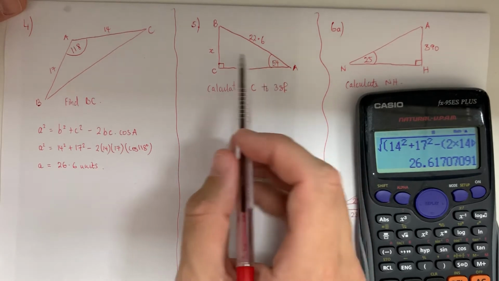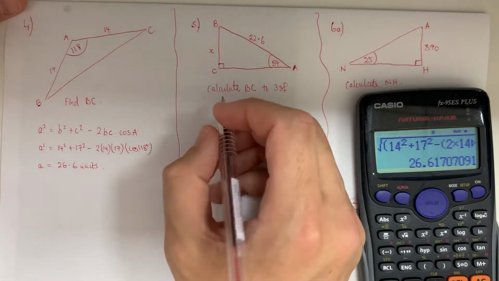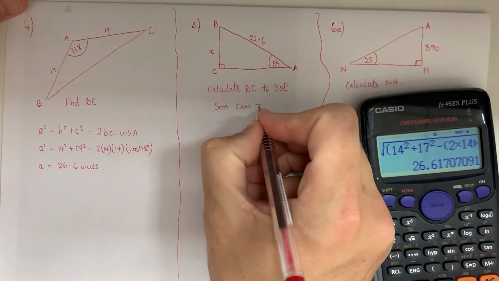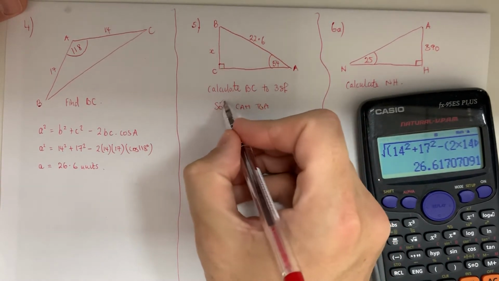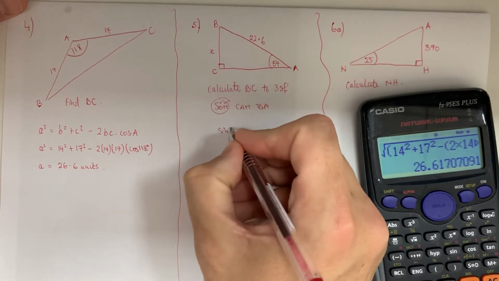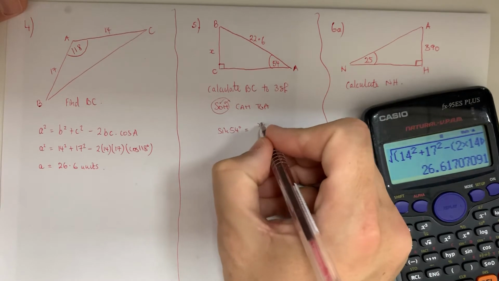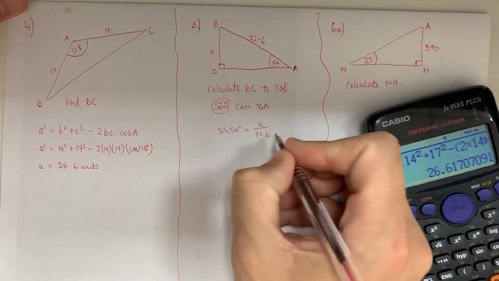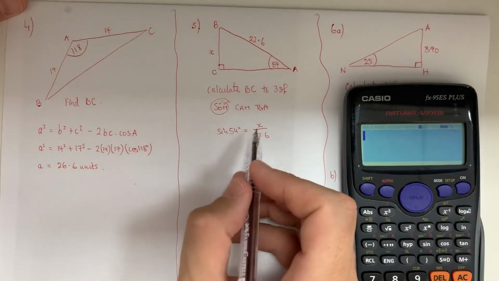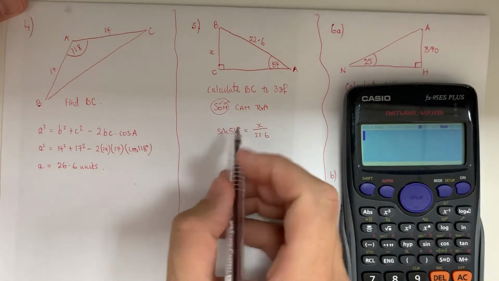So what have I got? I've got an opposite and I've got a hypotenuse. So you should all know by now, SOHCAHTOA for right angle triangles. I've got an opposite and hypotenuse, so I'm going to use sine. So sine 54 degrees is equal to opposite over hypotenuse. And then if you remember in the first 3 questions, if it's on the numerator, then I'm going to multiply.